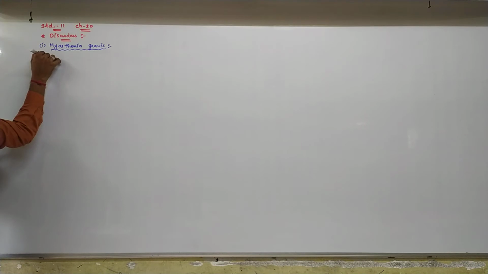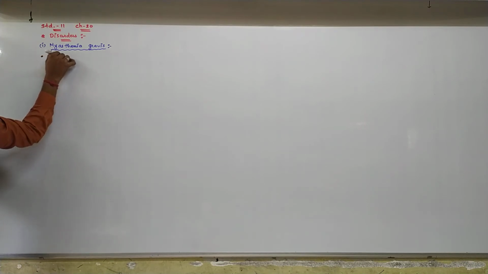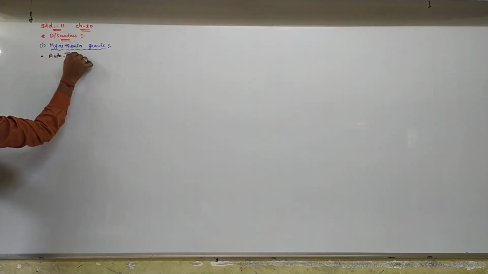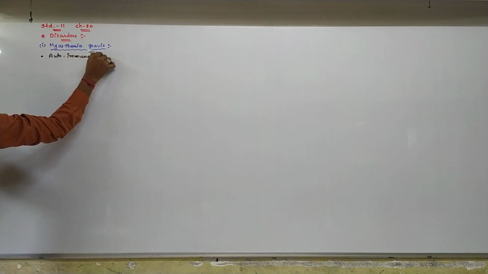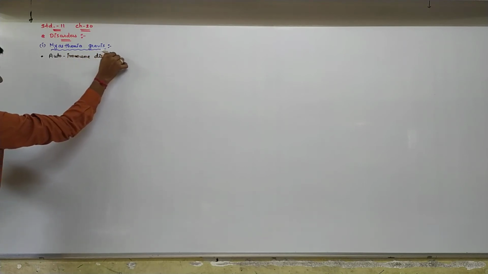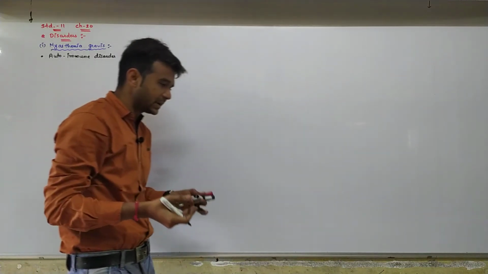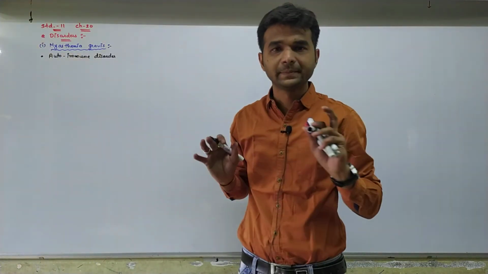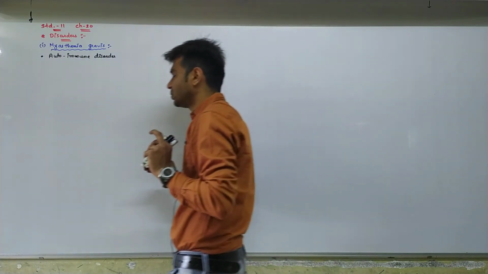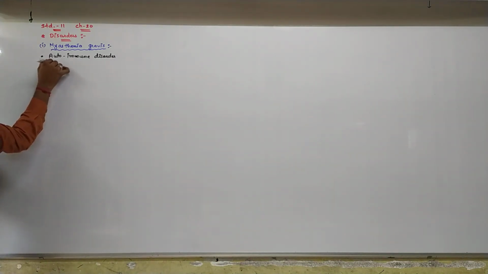Here it is an autoimmune disorder. Autoimmune disorder means our immune system attacks our body itself. So this is known as autoimmune disease. It affects the neuromuscular junction.